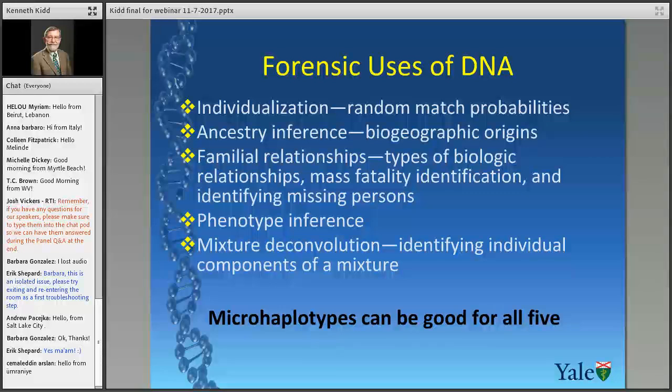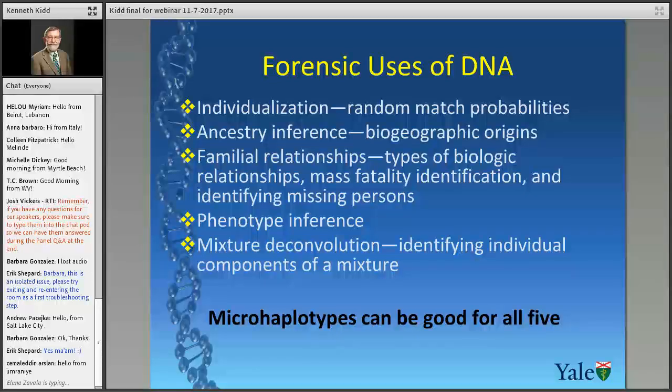So forensic uses of DNA are worth considering. The individualization II SNPs give random match probabilities, which can easily be 10 to the minus 30, 10 to the minus 50 with a reasonable number of SNPs.